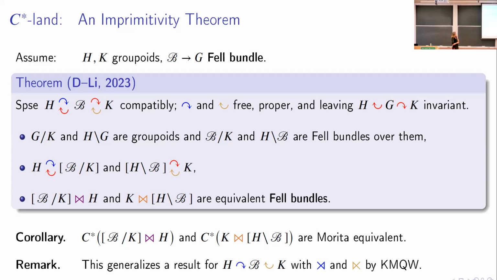Okay, and you can play a nice game as I did before, where you take H or K to be trivial, and you get some nice statement about a Zappa-Szép product being equivalent to a quotient. I actually don't know. I doubt it, but I don't know. I haven't thought about it.